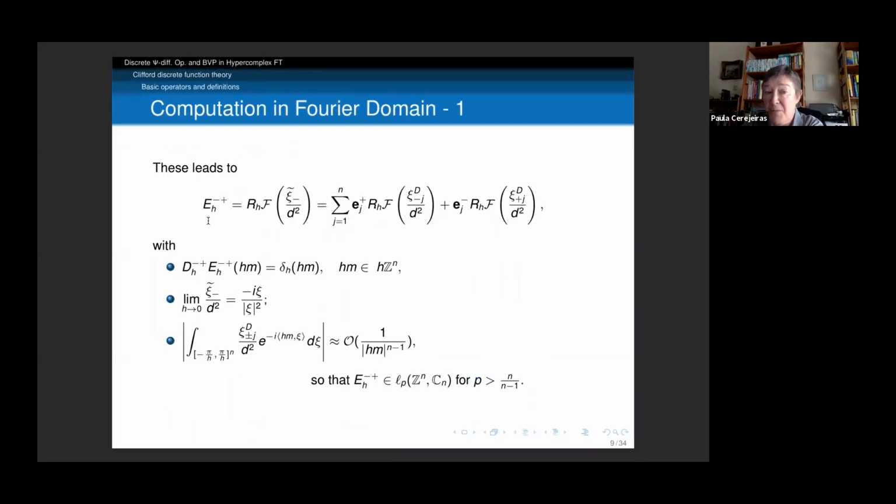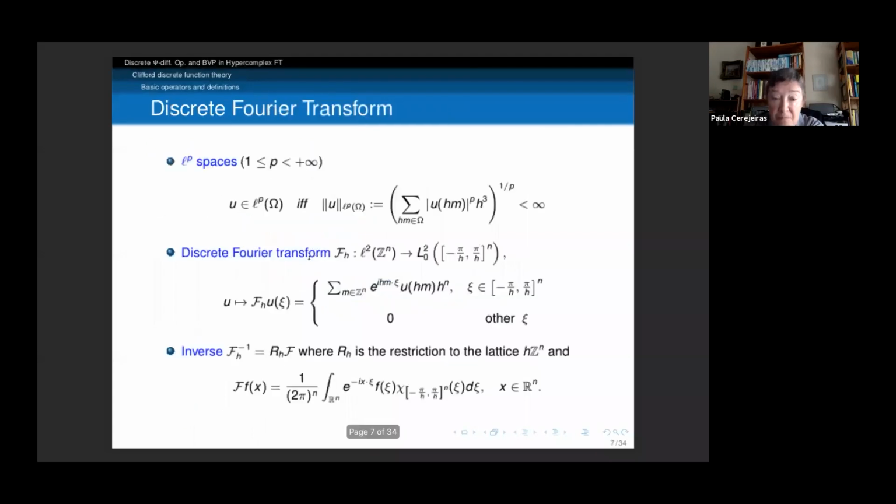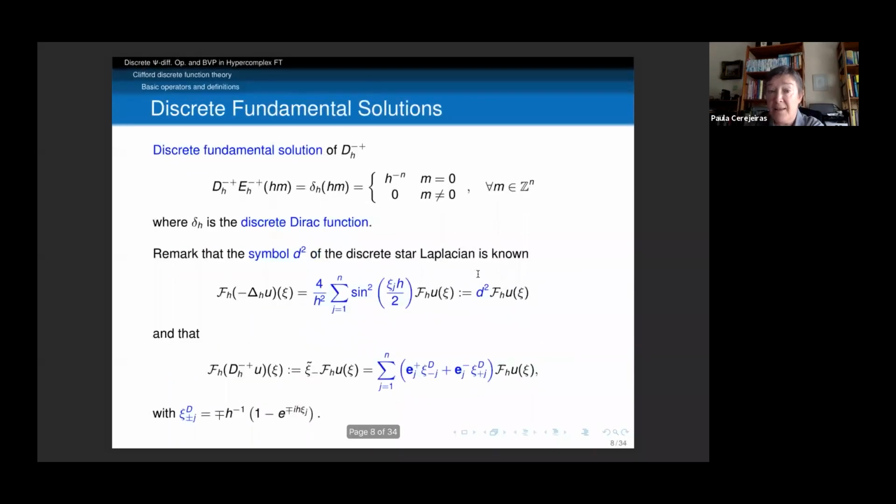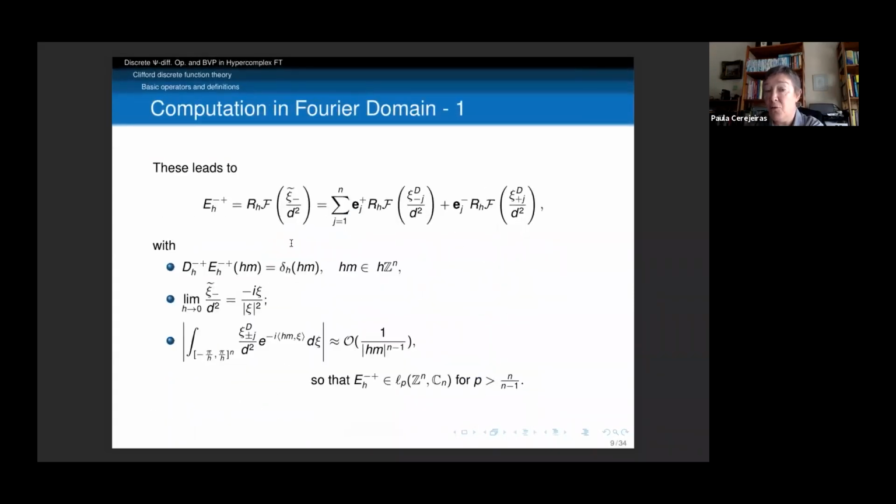So this means that the fundamental solution for the discrete Dirac operator that I have here is nothing but calculating the Fourier transform of its discrete symbol divided by d square and restricted to the lattice, which gives an ugly form, but you can work with it.